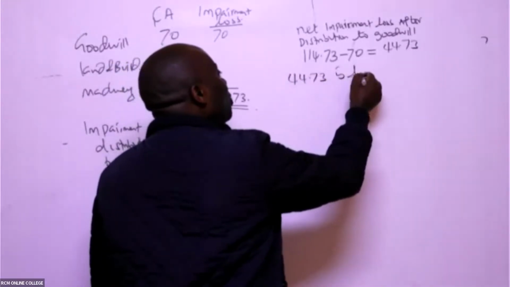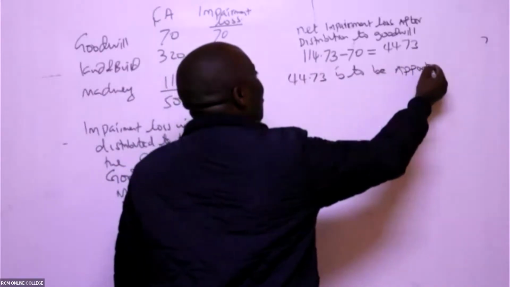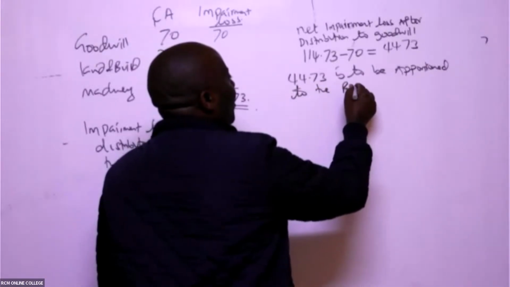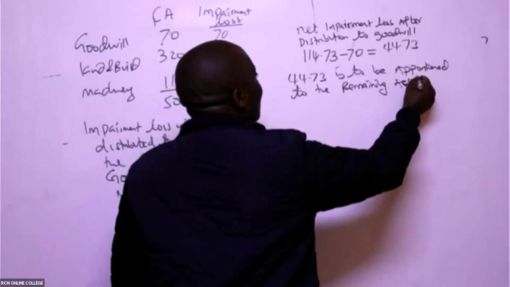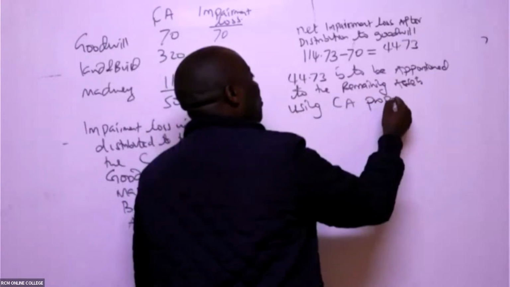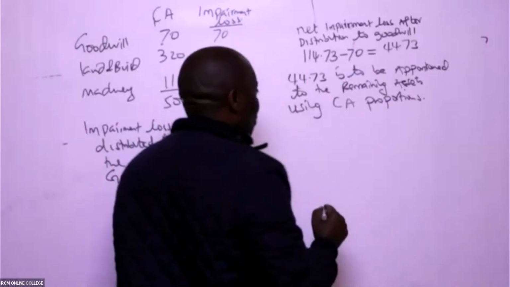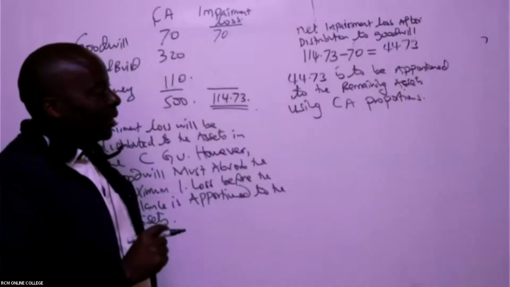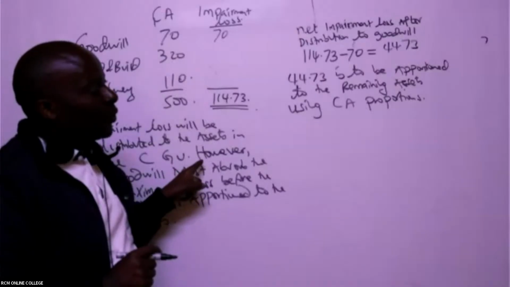So this 44.73 is to be apportioned to the remaining assets, using the carrying amount proportions.